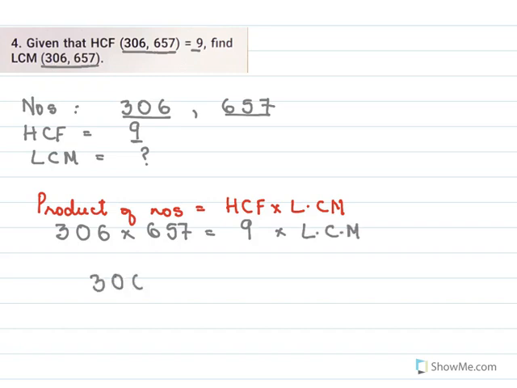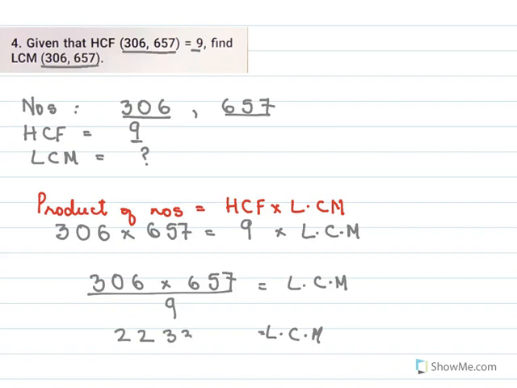So we have 306 into 657 over 9 equal to LCM. And the answer for the LCM is 22338.